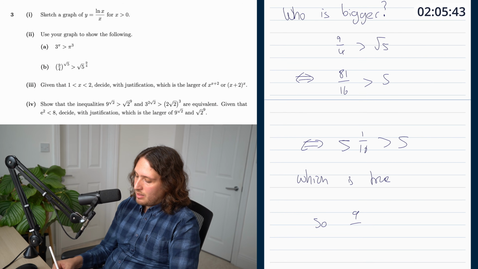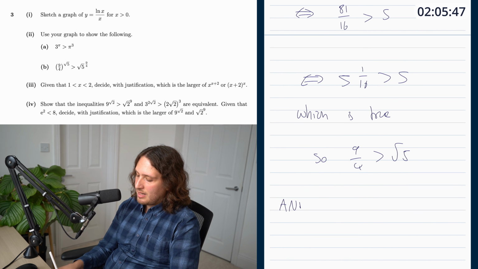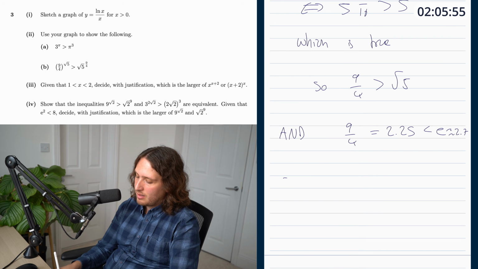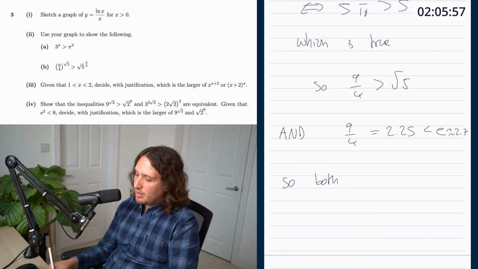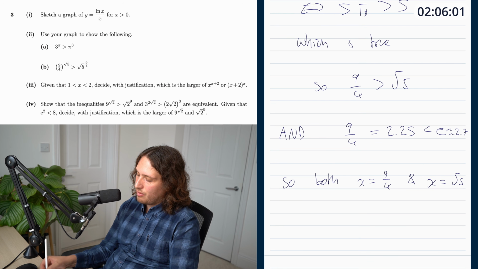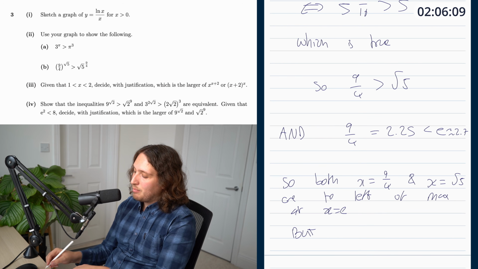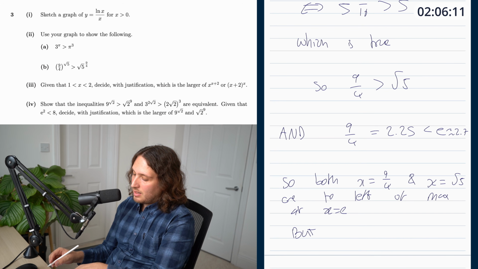So that means that 9/4 is bigger than root 5, and clearly 9/4, which is 2.25, is smaller than e, which is about 2.7. So both x equals 9/4 and x equals root 5 are to the left of the max at x equals e, but the bigger number, 9/4, is closer.